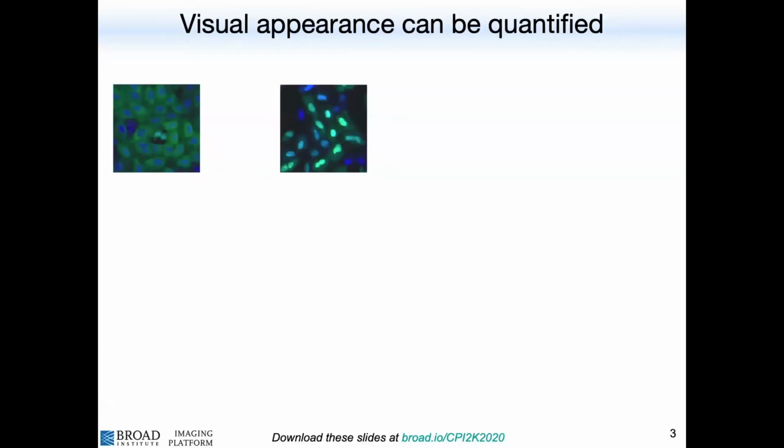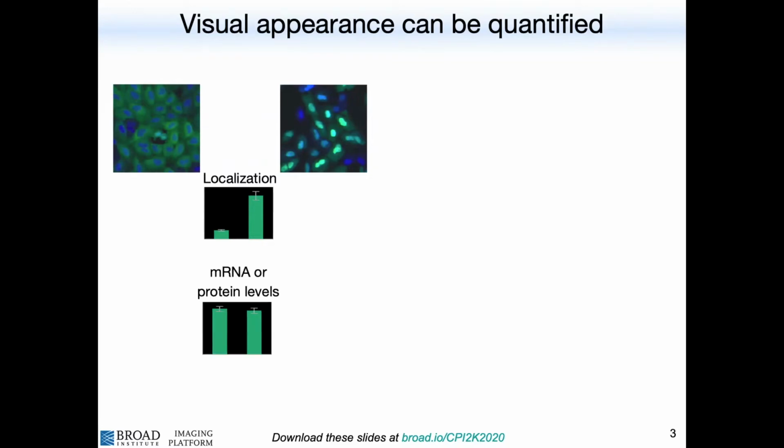This is an image from the dataset we are going to work on today. Here you can see a GFP tagged protein, and we want to see whether it's localized in the cytoplasm or in the nucleus. Just by looking at these images, we can get a sense of its cytoplasmic or nuclear localization. But if we were looking only at the protein level or mRNA level, we wouldn't be able to detect any localization changes.